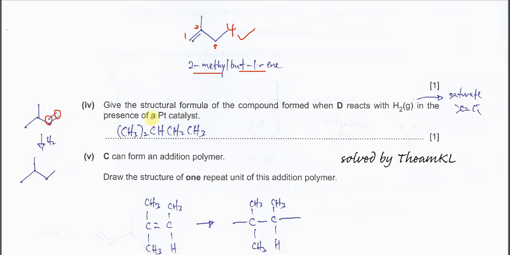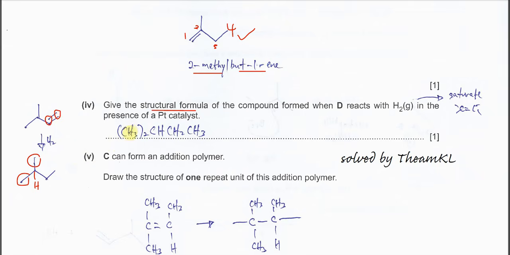And you need to give the structural formula. Okay, so this one is the CH3, and these two groups are bonded to this carbon. This carbon has one H, meaning this is CH. When there are two same groups, you just put them together.